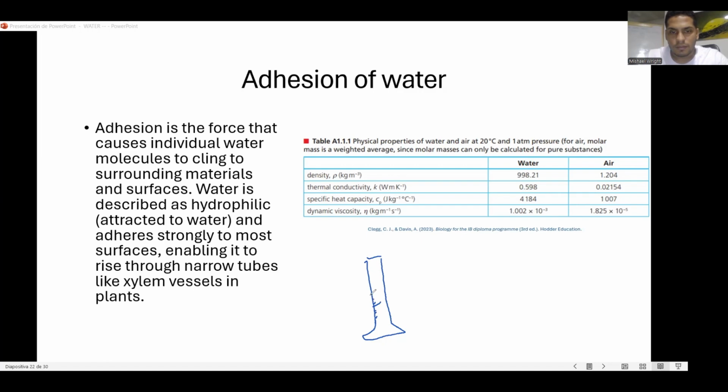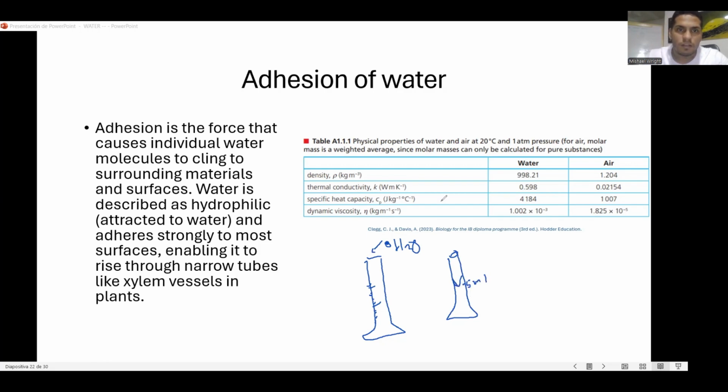And I'm going to pour water into my cylinder. If I pour water inside the measuring cylinder, the water will have this form, and it can say 5 milliliters, right?